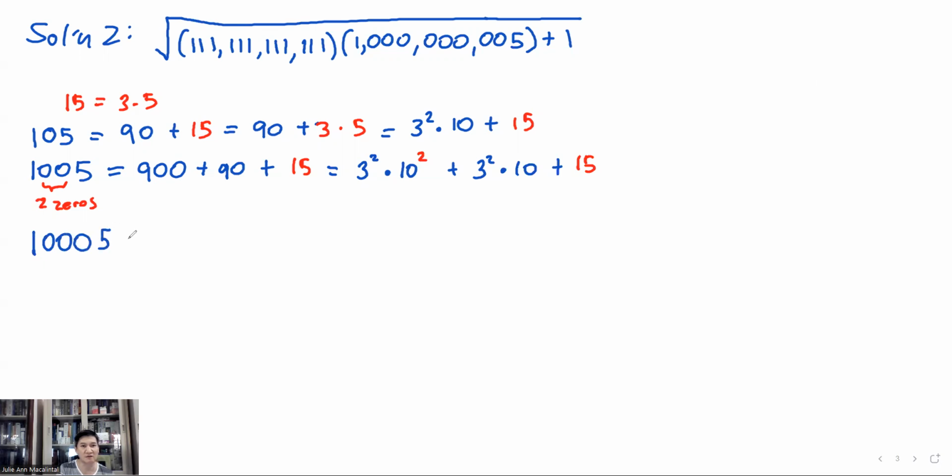and 5, and this will be 9,000 plus 900 plus 90 plus 15. So here we have 3 zeros.